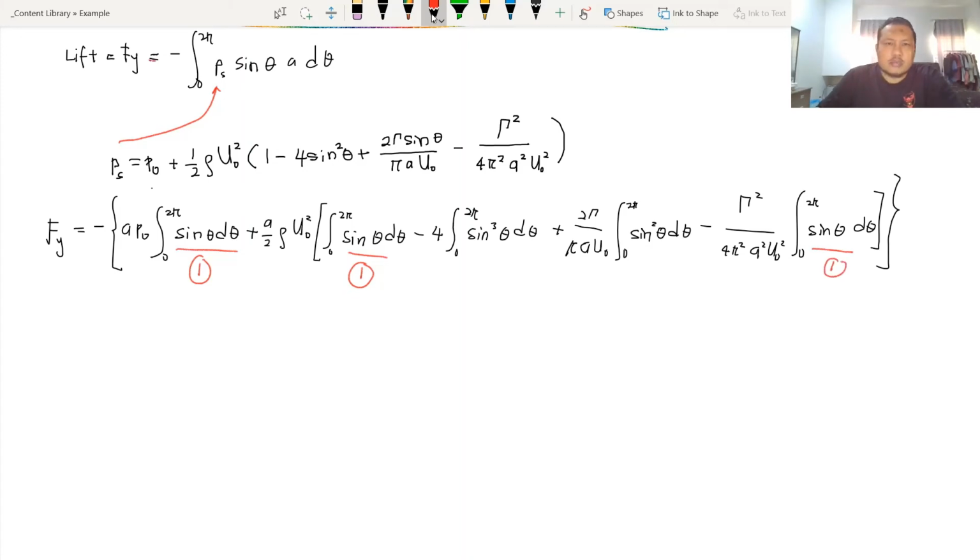I put this as number 1, this is number 2, and this is number 3. Okay, this is sine squared theta. This is sine to the power of 3 theta. This is sine squared. You cannot see here, this is a square.